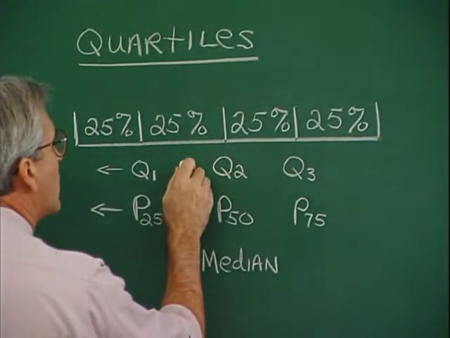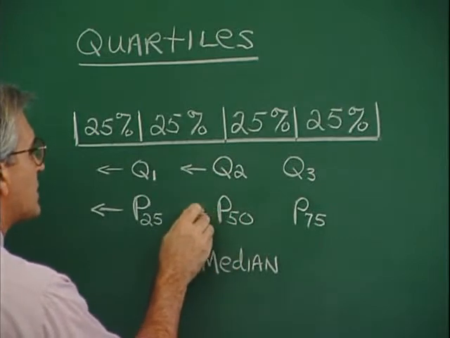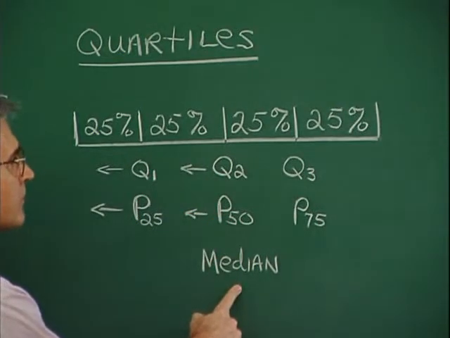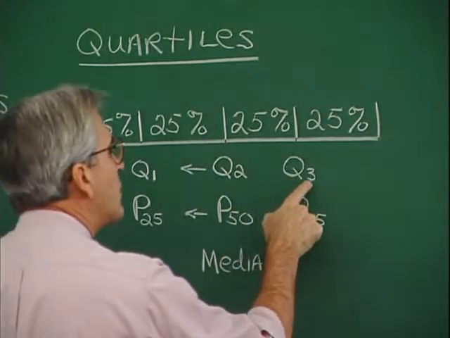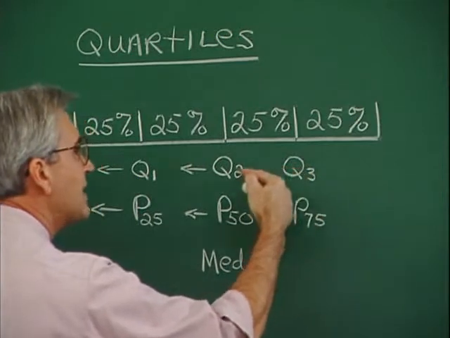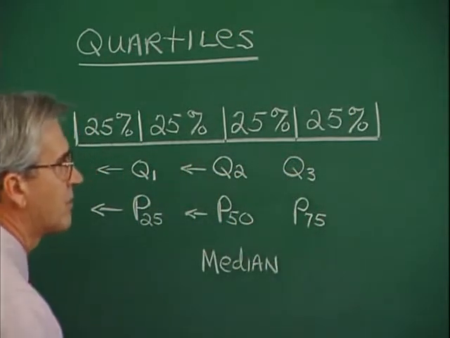So in this position, that would be the 50th percentile, and that number is the median. For the third quartile number, 75% of the data lies below that value, and that would be the 75th percentile.